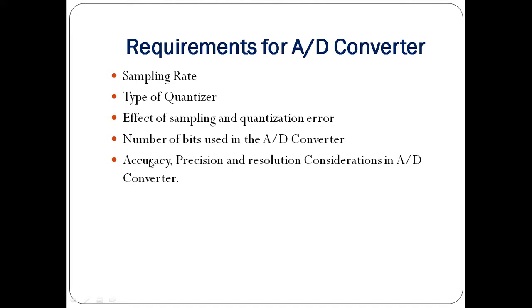Whenever you choose any A to D converter, parameters like accuracy, precision, and resolution are very important. How accurately your A to D converter is going to give the digital equivalent value, how precisely it will convert, and what the resolution of the A to D converter is, how it is going to split the entire range of the analog domain into digital.